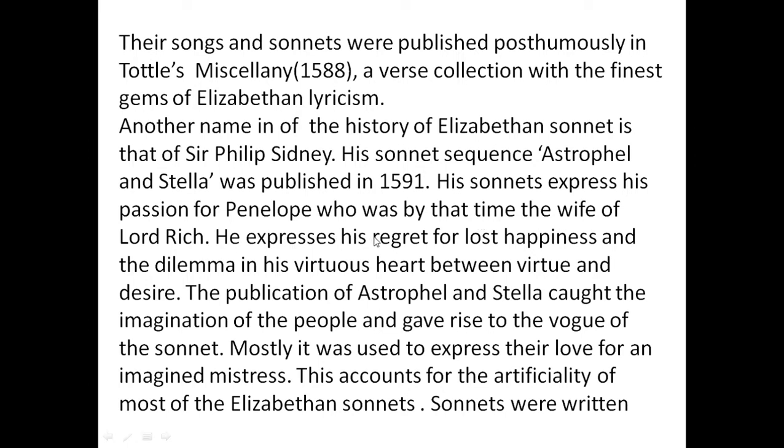He expresses his regret for lost happiness and the dilemma in his virtuous heart between virtue and desire. The publication of Astrophel and Stella caught the imagination of the people and gave rise to the vogue of the sonnet.